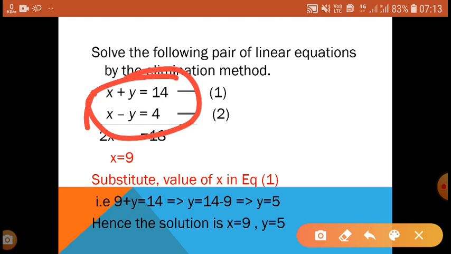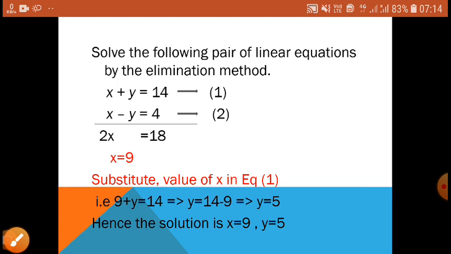So they are already the same, and there is no need of multiplying anything. I can directly go to step 2. If any one variable has the same coefficient, I can go directly to step 2. Here both variables already have the same coefficients, so I am going directly to step 2.